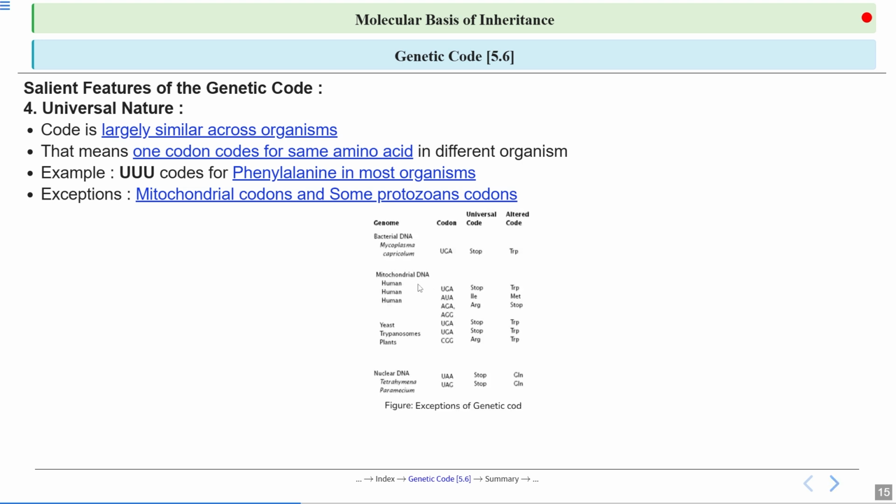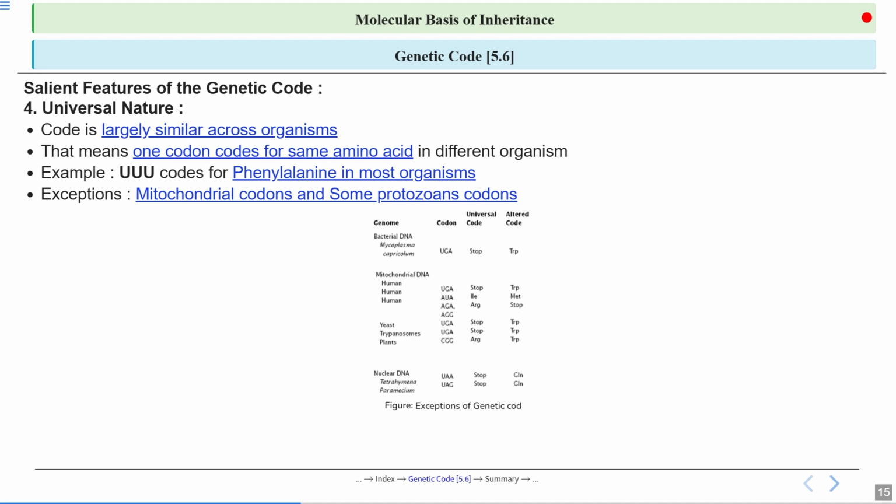Again, here you have to understand there is a difference between degeneracy and universal nature. Degeneracy means that multiple codons can code for one amino acid. But what is universal nature? Universal nature means that if UUU is coding for phenylalanine, it is going to code for phenylalanine in most organisms.